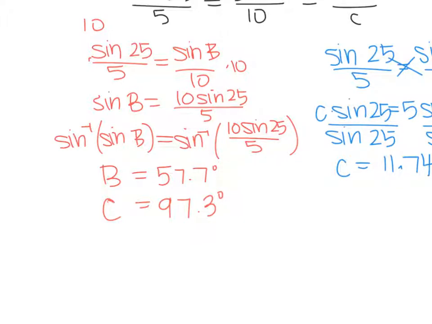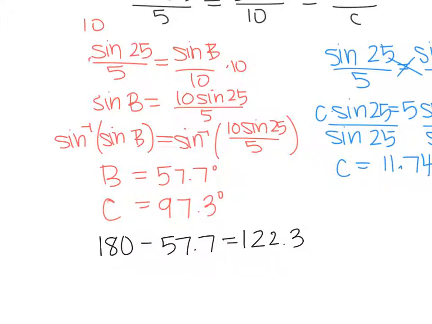And in order to find that, we have to actually do 180 minus 57.7. And we're going to get 122.3. And this is our actual second possible solution for angle B.